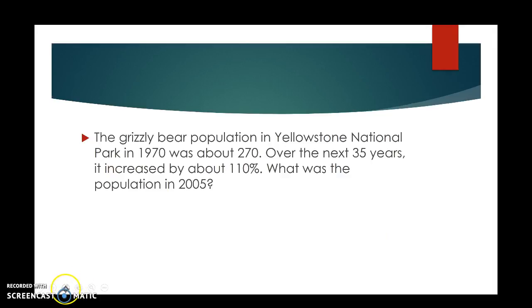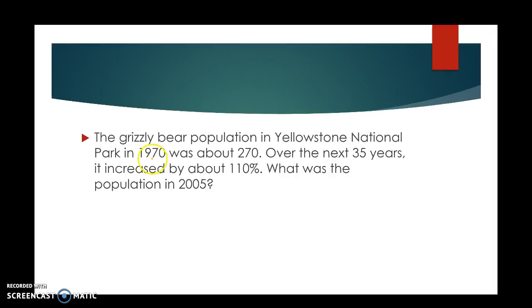Okay, so this problem says the grizzly bear population in Yellowstone National Park in 1970 was about 270. Over the next 35 years, it increased by about 110%. What is the population in 2005?